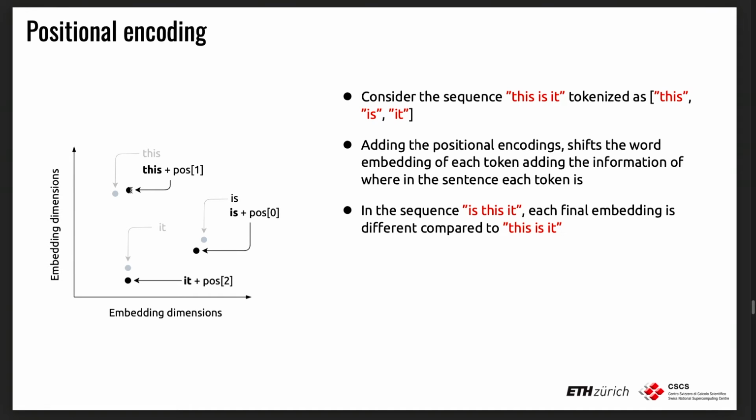And like that, the model starts getting information on the relative positions in the sentence. And now by doing switches in the sentence, this is going to make a difference because the embeddings are going to be added by different vectors.